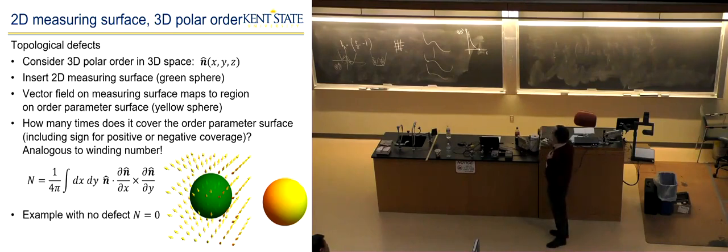If we look at a little patch of the sphere in real space, the director on that patch covers a little area over here in the set of all possible arrows. So if I look at the whole northern hemisphere over here, it covers almost the whole northern hemisphere over here.